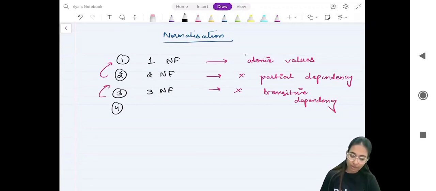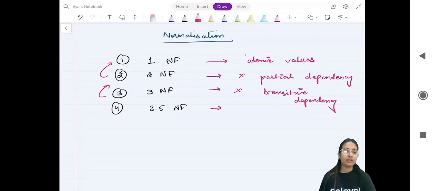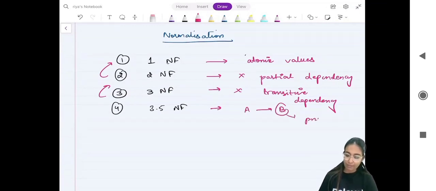And in the fourth one, we have 3.5NF, right? So in 3.5NF, it was Boyce-Codd normal form, that if this kind of a dependency happens, if this is a prime attribute, right, then this should also be a prime attribute.